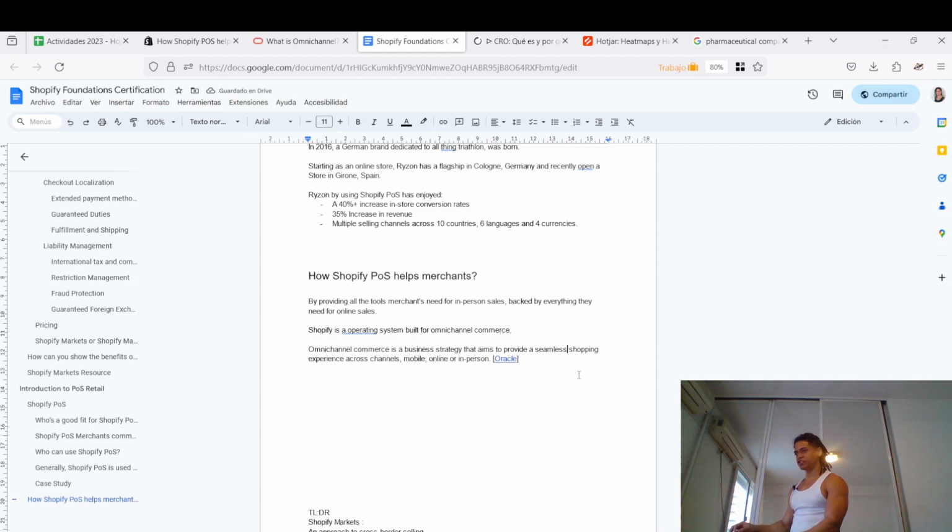A seamless shopping experience, or a streamlined shopping experience, una experiencia aerodinámica, rápida. Seamless, streamlined.